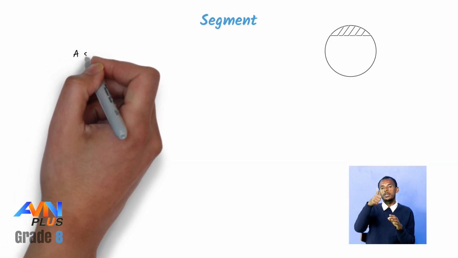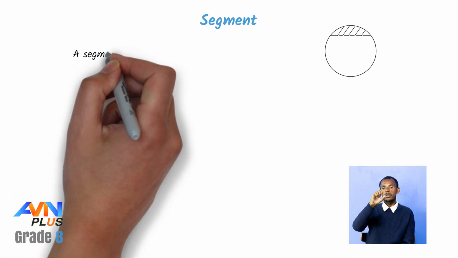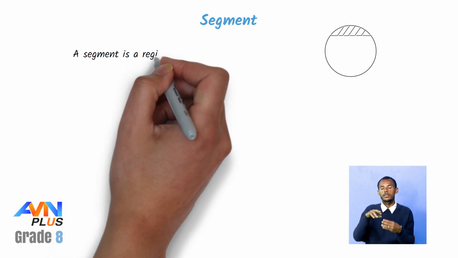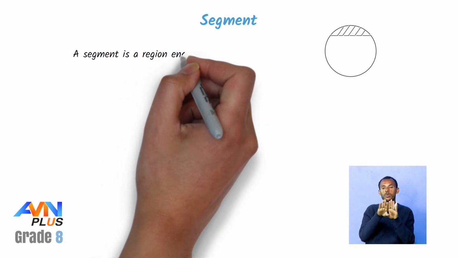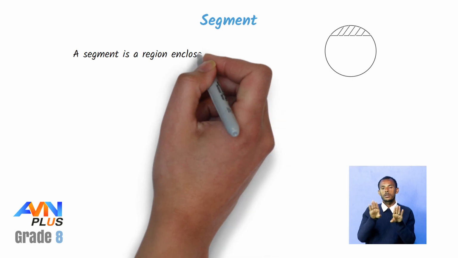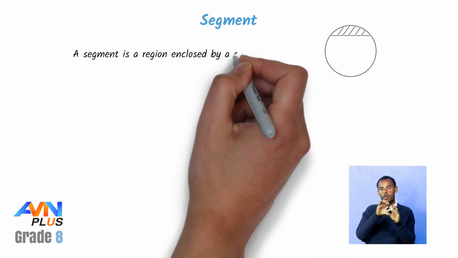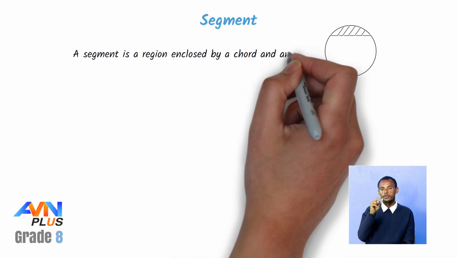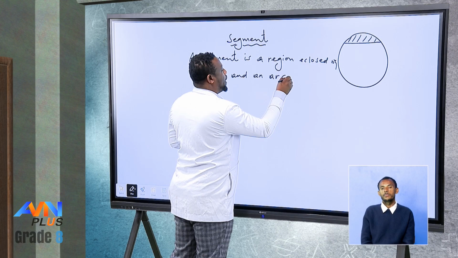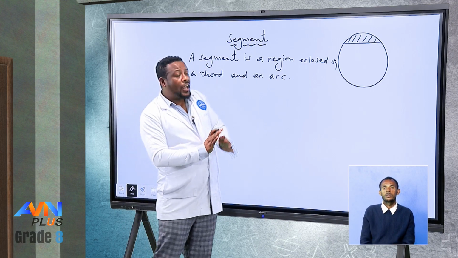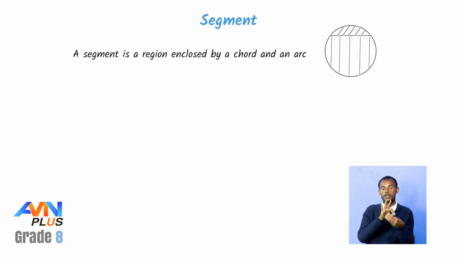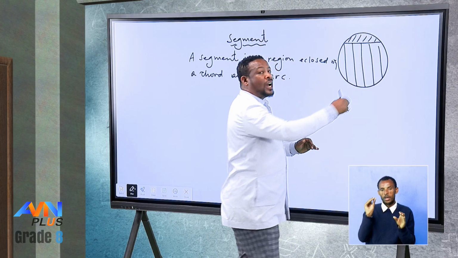Okay, a segment is a region enclosed by a chord and an arc. So if you consider this big portion of a circle, this region is also a region enclosed by a chord and a major arc.